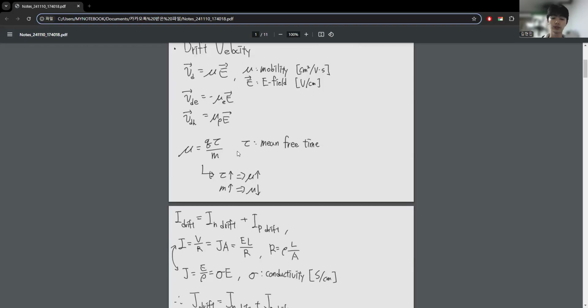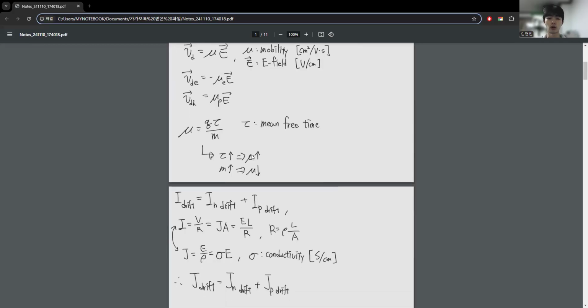Tau is the mean free time. When tau is higher, mu is higher too. But when m is higher, mu is lower.